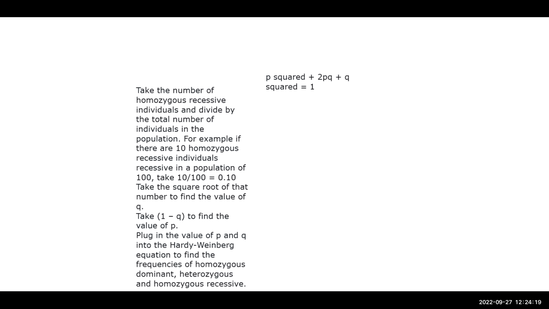And then the middle part of the equation will be the 2PQ. So we're going to take 2, multiply it by the value of P, 0.61, multiply it by the value of Q, which is 0.39.